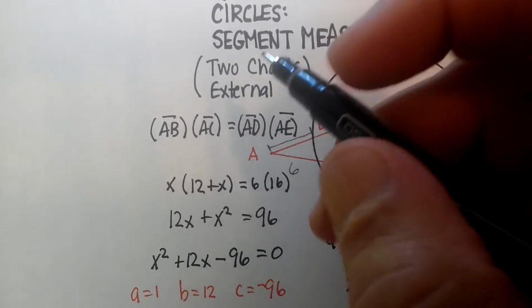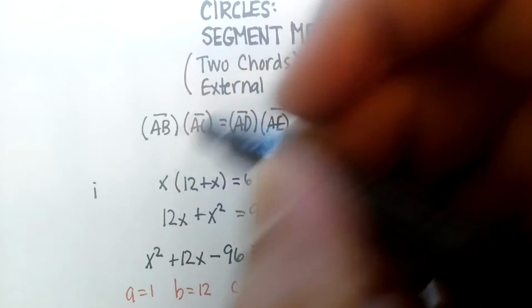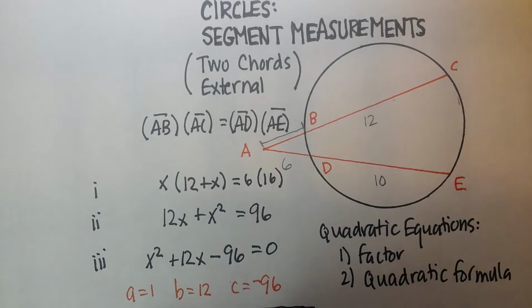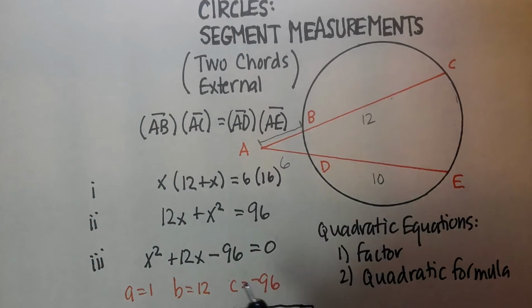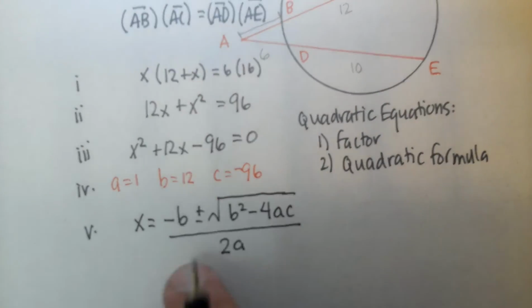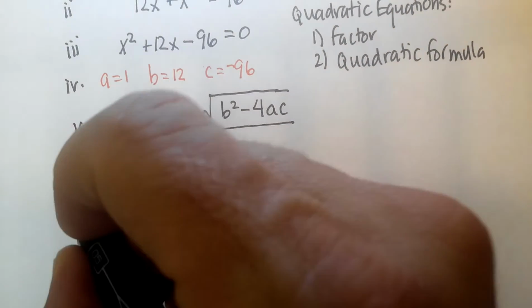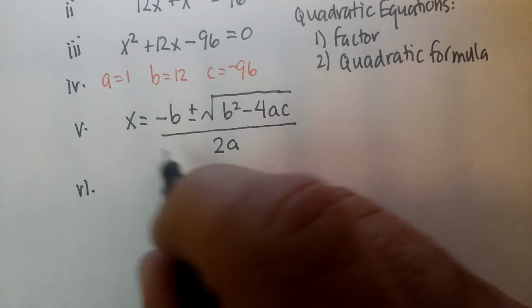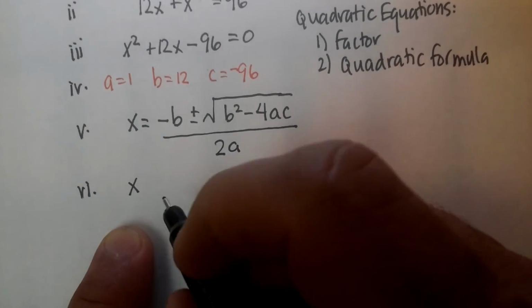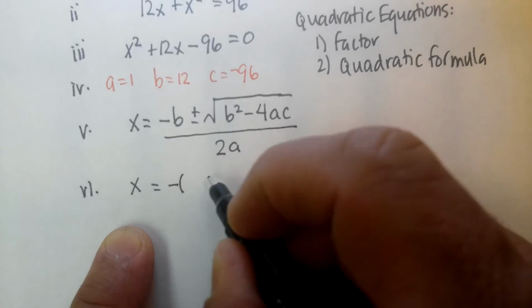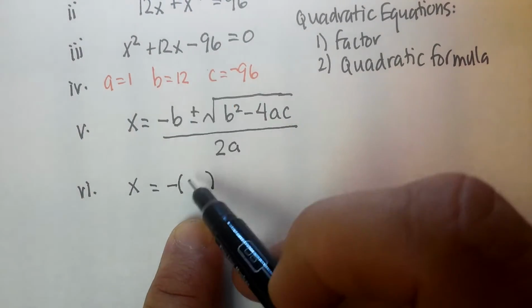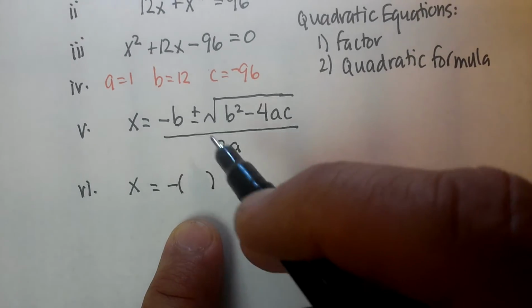Let's actually keep track of this, shall we? Let's just call that steps 1, 2, 3. Step 4, I'm going to say, is actually finding the coefficients. Step 5 is writing the quadratic formula. Let's say step 6 is actually putting our numbers in. Whenever I replace variables with numbers, I always put them inside parentheses, and I'll show you why.